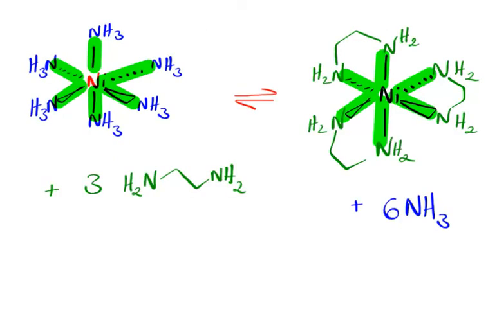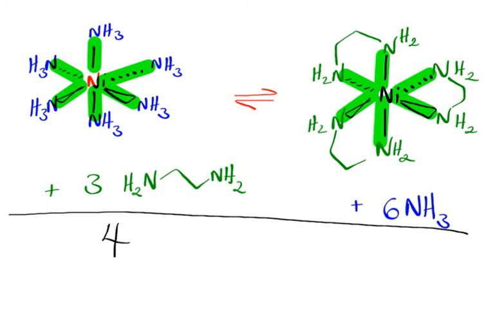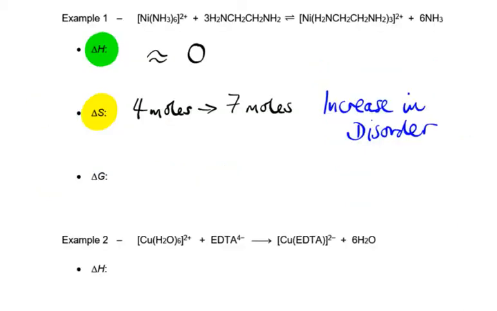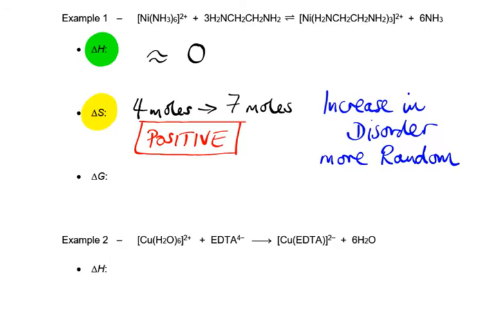Now we can see for our reaction we're going from 4 moles on the left hand side, so our complex, and 3 moles of the ethane diamine, and we're ending up with 7 moles of product. So we can say that this reaction is accompanied with a large increase in disorder, i.e. things are becoming considerably more random. The upshot of this is that delta S will decidedly be positive.